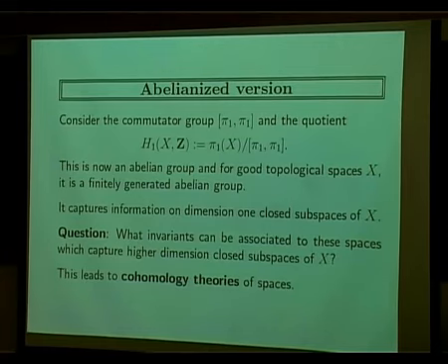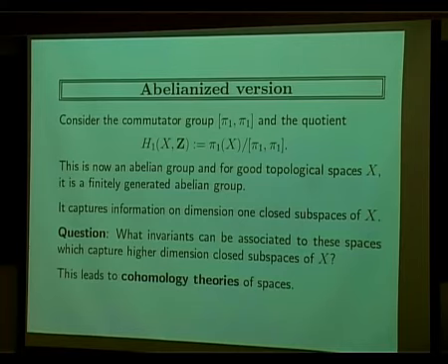And this does happen for good topological spaces, at least for compact manifolds: these groups H1, which is the quotient of your fundamental group, happen to be finitely generated abelian groups. So at least theoretically, we have an object which, by certain theorems that we know, is finitely generated.